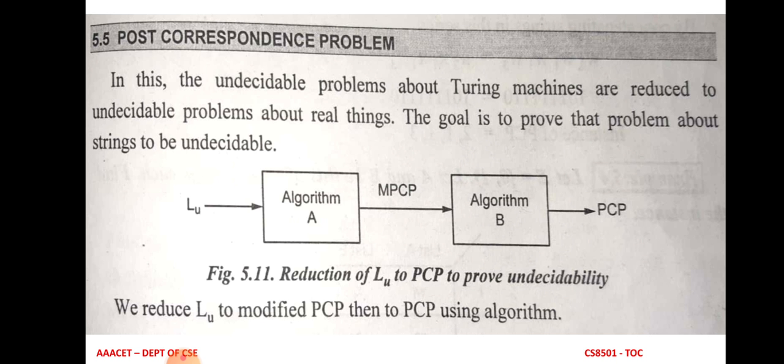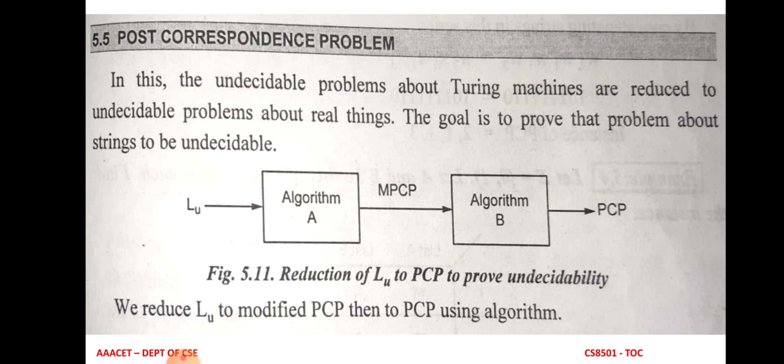In the diagram you can see MPCP, which is the modified post correspondence problem. It is a reverse process. We reduce or convert one undecidable problem into another undecidable problem, that is PCP. Again we reduce that into another undecidable problem, that is MPCP, the modification of PCP.